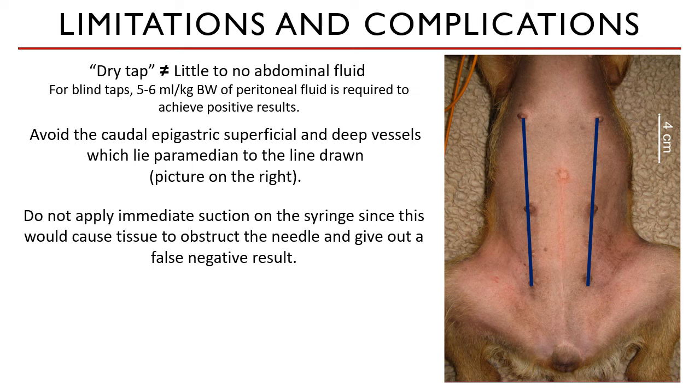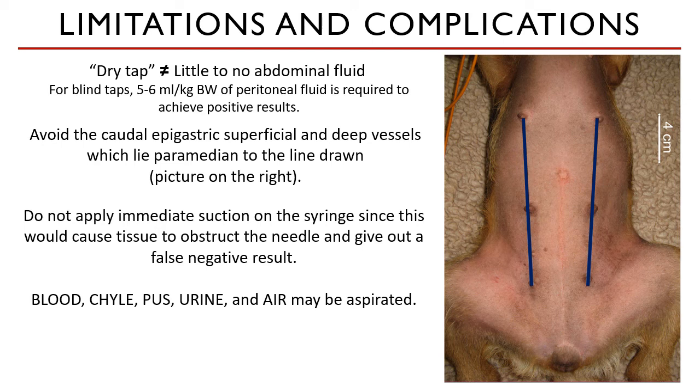Since there are a ton of potential causes of abdominal injury, there are also different kinds of fluids which you can aspirate. You may aspirate blood, chyle, pus, urine, or even air in cases of a pneumoabdomen, or even a combination of the different fluids. The only way to know for sure is once you get that sample, you centrifuge it, and the cells which settle on the bottom are smeared on a glass slide.